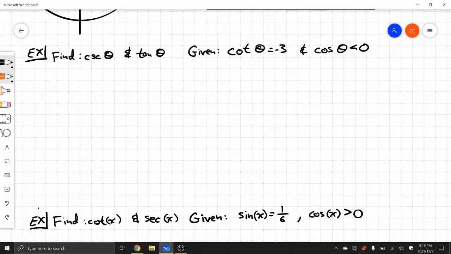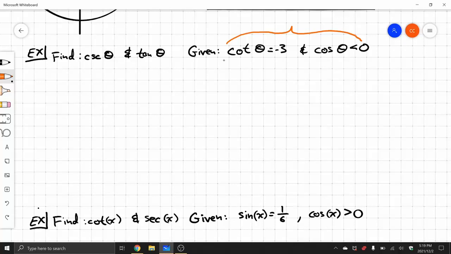If I'm asked to find cosecant theta and tangent of theta, and I'm given that cotangent of theta is equal to -3, and cosine theta is less than 0. Using this information, I can tell what quadrant I'm in. Because cosine is less than 0, I know that I'm in either quadrant 2 or 3.